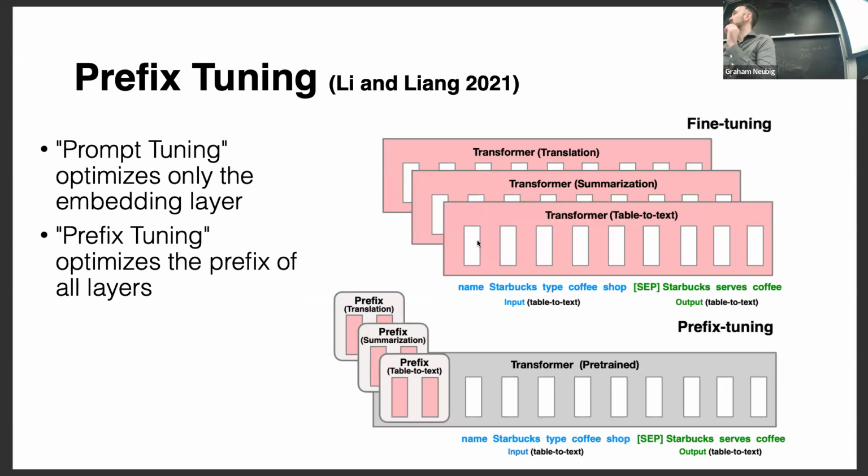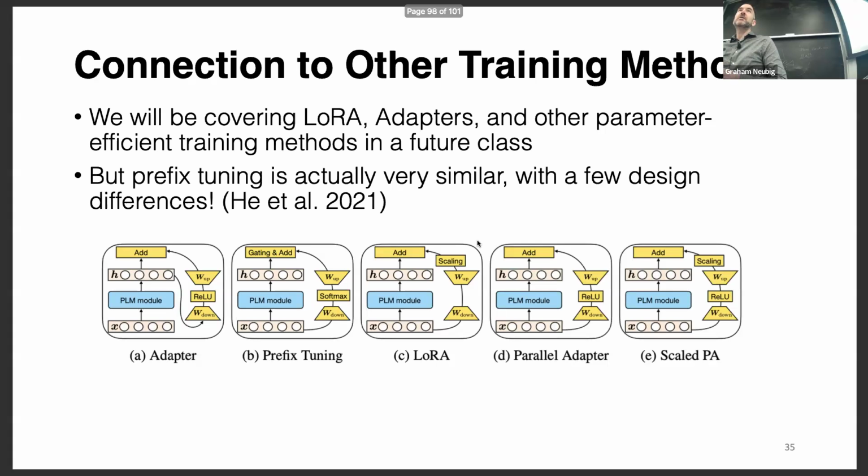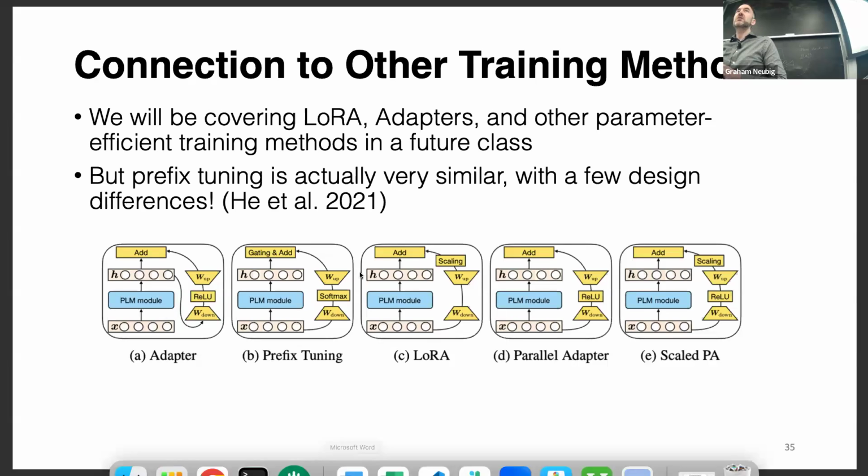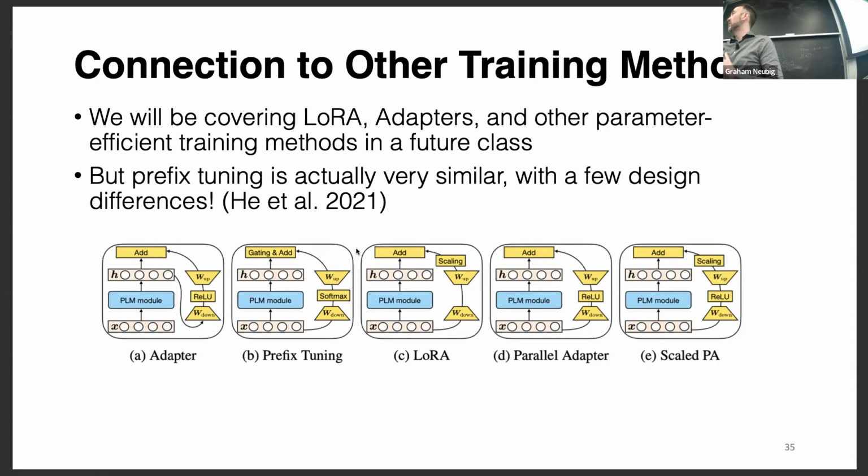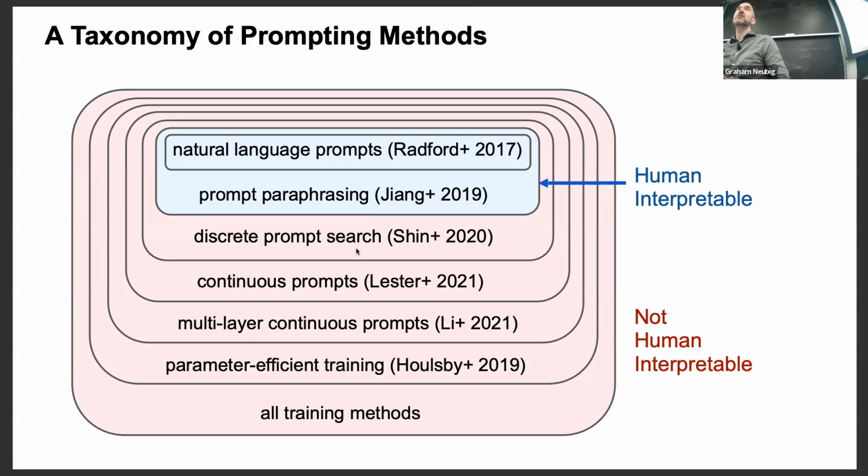There are methods that tune a small number of parameters to get the model to do something. There are a bunch of different parameter efficient tuning methods, and many people may have heard of something like LoRA or adapters. I just talked about prefix tuning. Essentially, prompt tuning and prefix tuning are part of this more general class of parameter efficient fine-tuning methods.